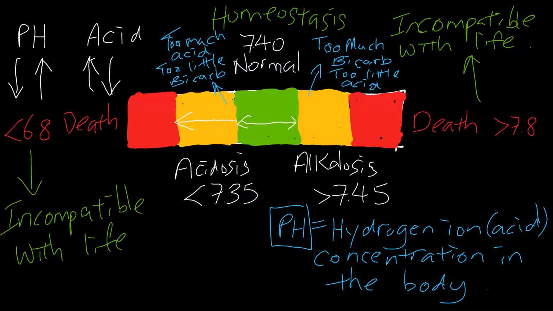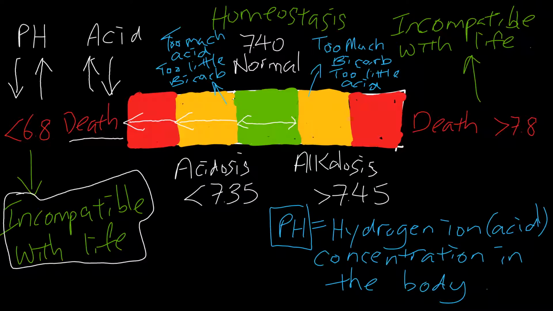And if the pH continues to decrease and reaches 6.8 or less, and it's not corrected, then the patient will die, because at that level it is considered incompatible with life. The human body cannot survive at this level.